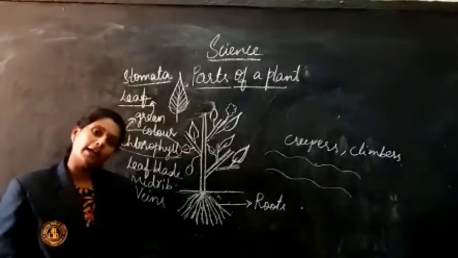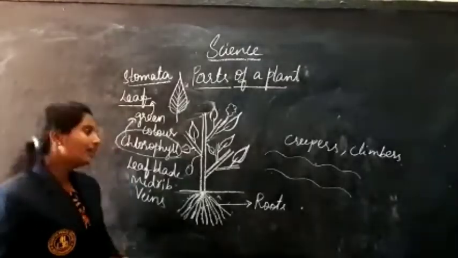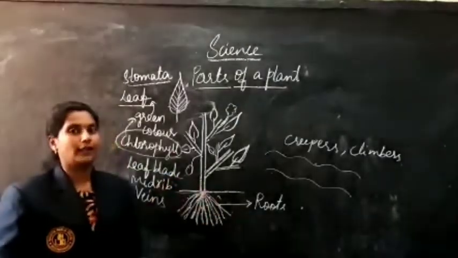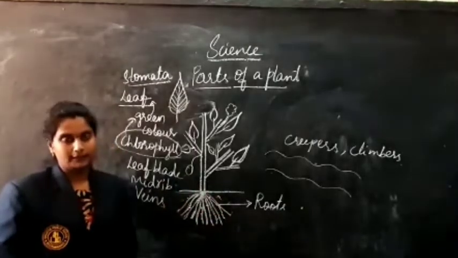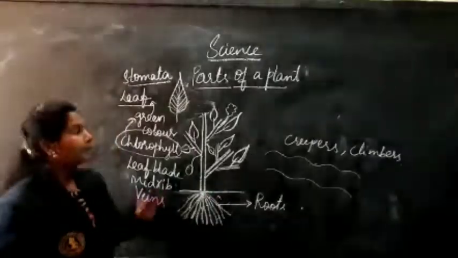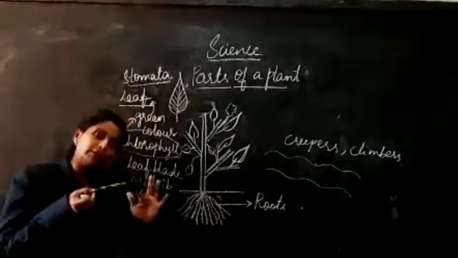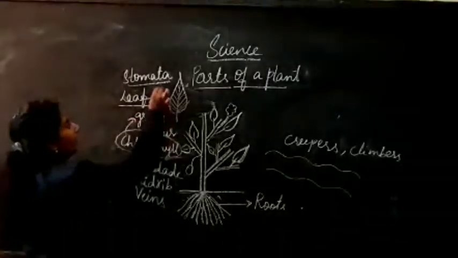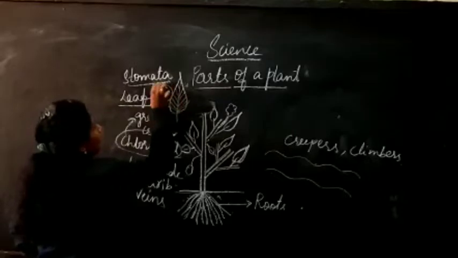With the help of what am I taking a deep breath? With the help of my nose, right? But a plant is a living organism. They don't need to take a breath, but from where are they taking the air inside? They are taking it with the help of these stomata. Under the surface of the leaf blade, you can see small pores like this.